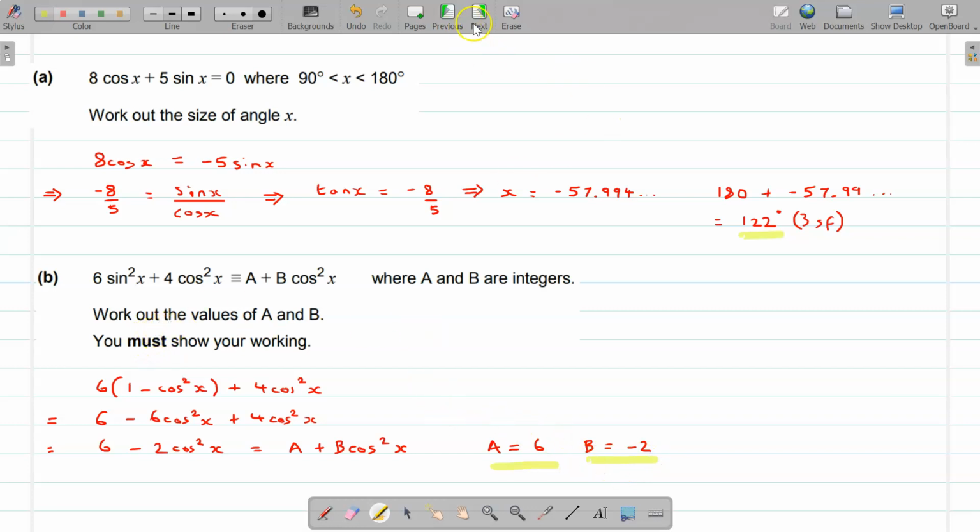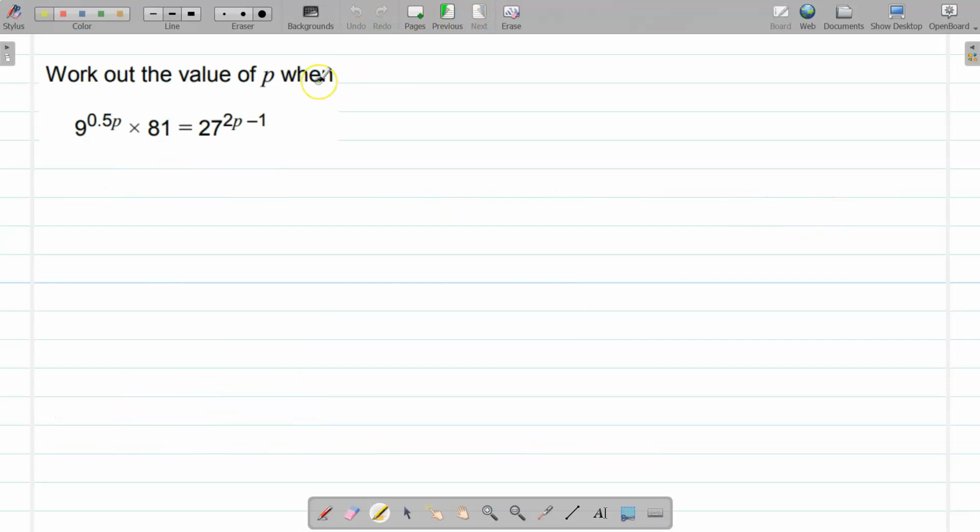And that's the last question. We have here, we notice straight away we've got a 9, an 81 and a 27, and they're all powers of 3. When you solve this kind of algebraic index problem, you need to find a common base for all of these 3 terms.